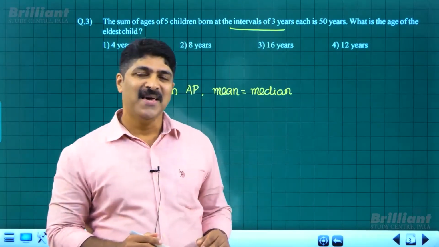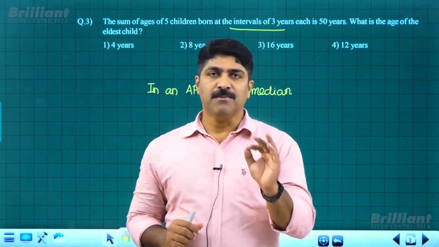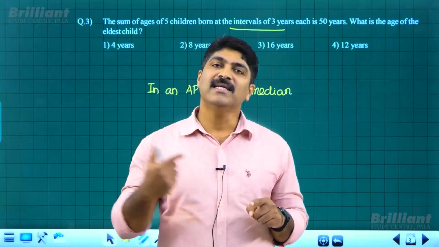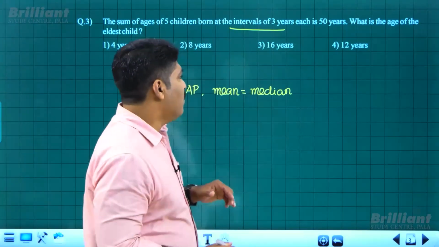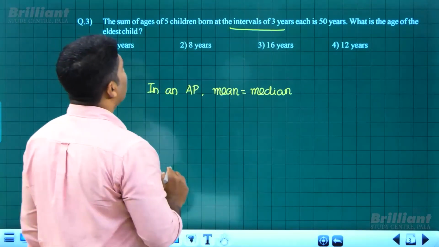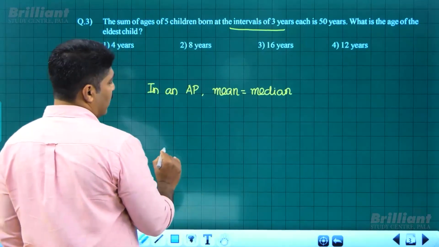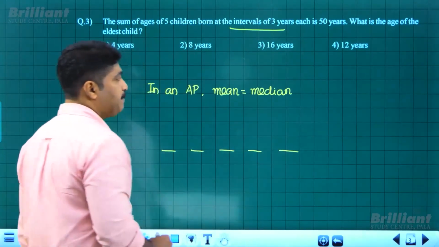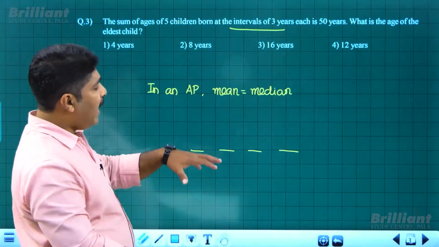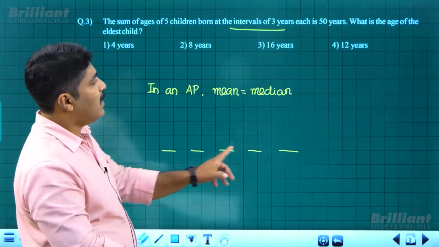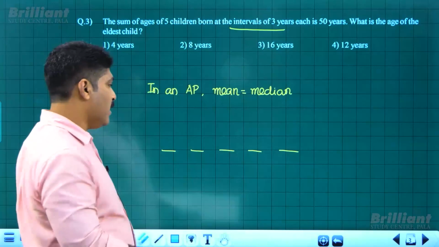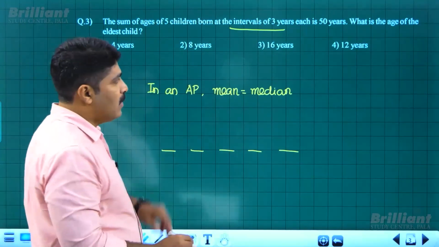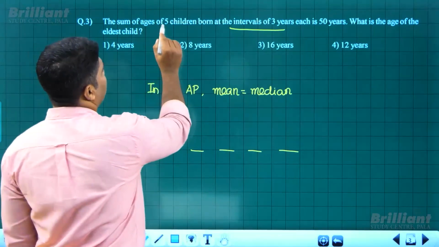What is median? Median is the middlemost observation if you are writing the observations in ascending or descending order. So therefore, here if you are considering 5 children, 1, 2, 3, 4, 5, and their ages in the form of an arithmetic progression, this middle value should be the average.